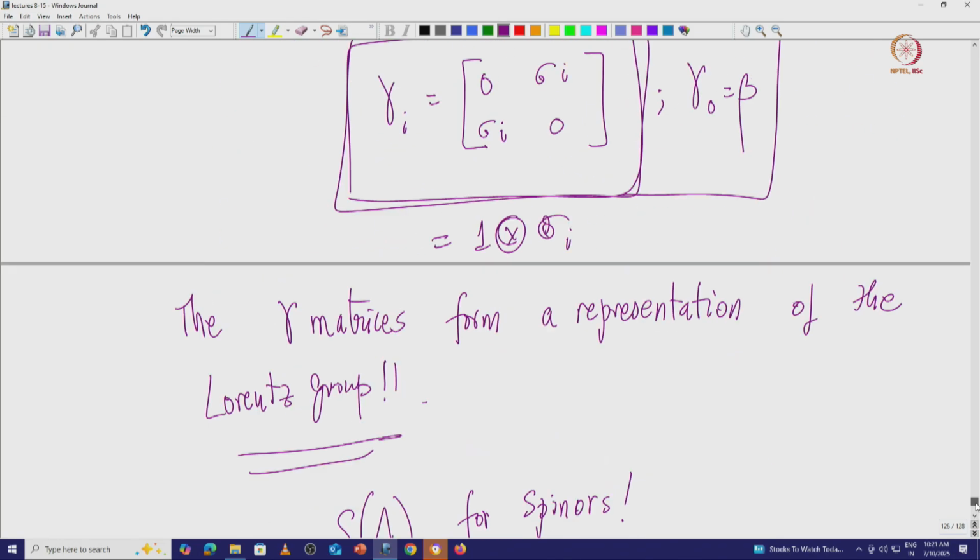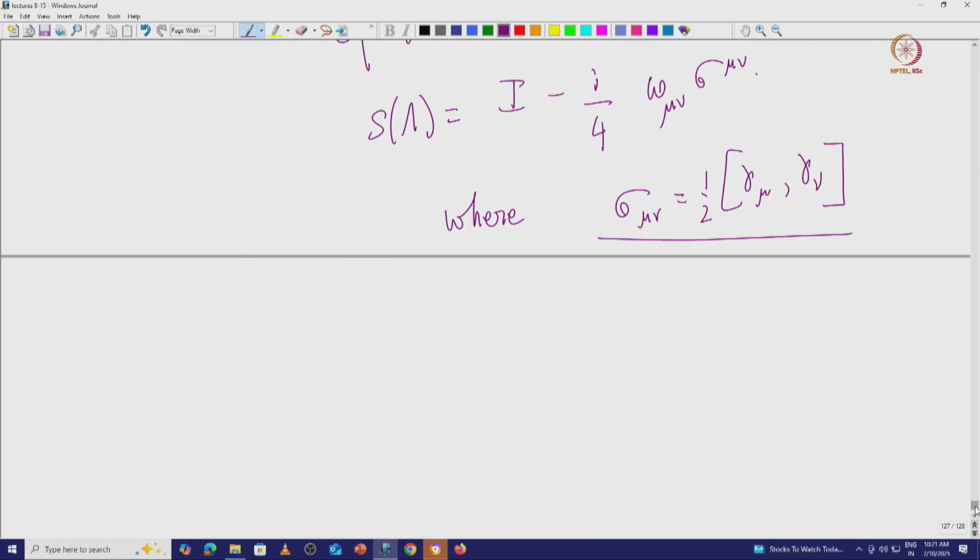Now this sort of answers our question. We saw why a Dirac spinor becomes a representation of the Lorentz group, but let's make it more accurate: how does the Lorentz transformation explicitly appear on a Dirac spinor?